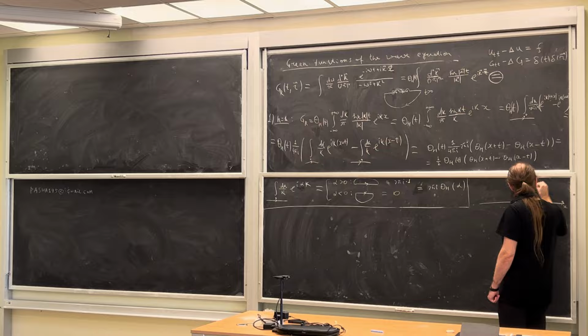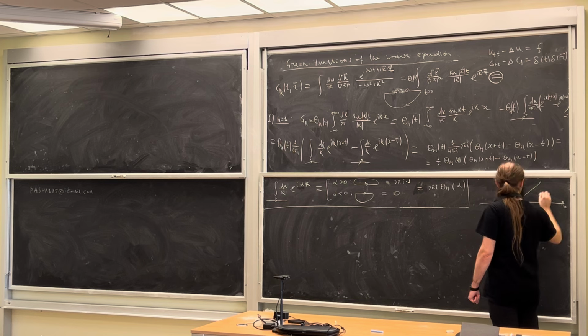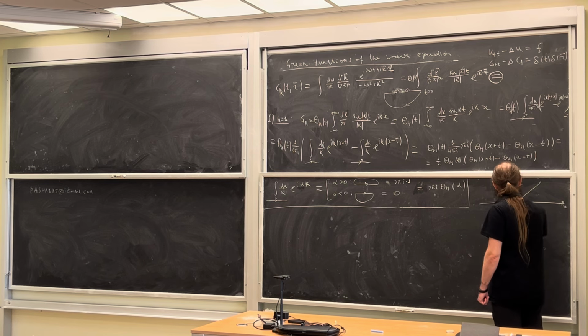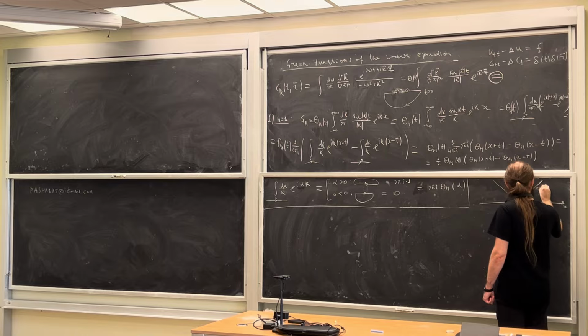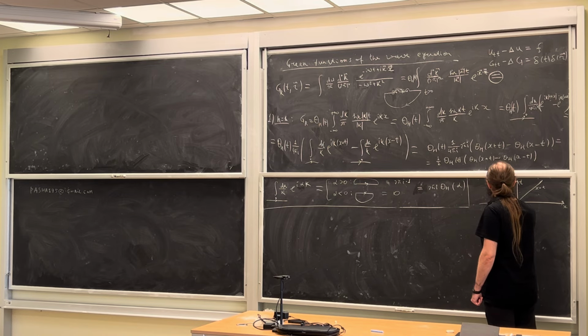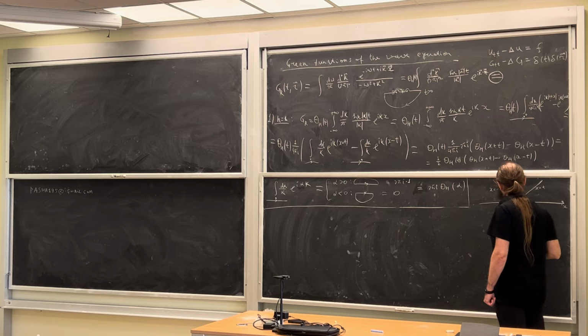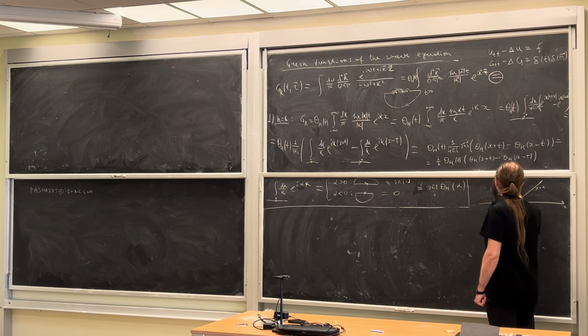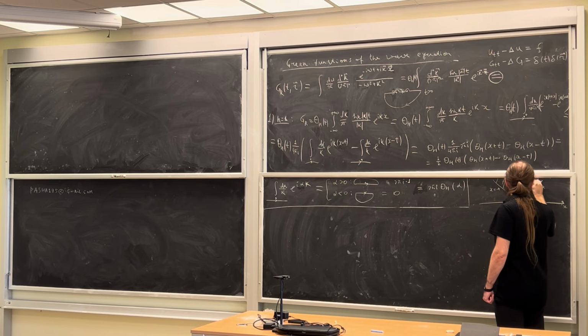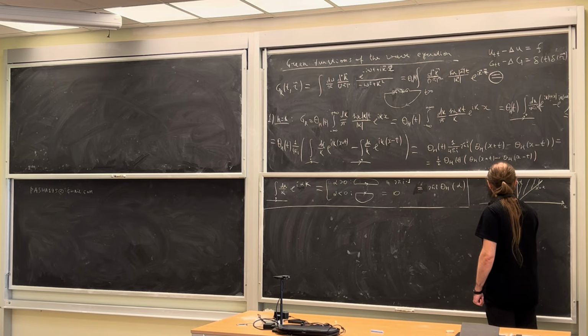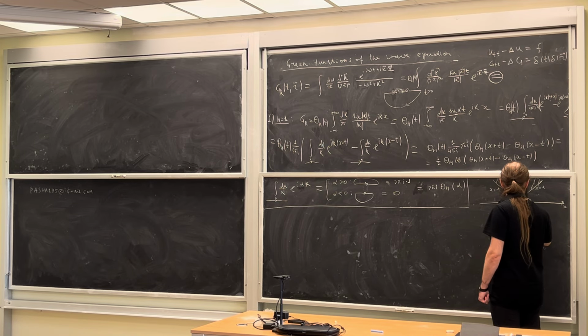So there is this cone. x equals t, x equals minus t. And in this cone, this Green function equals 1/2. And in this region, it's 0.